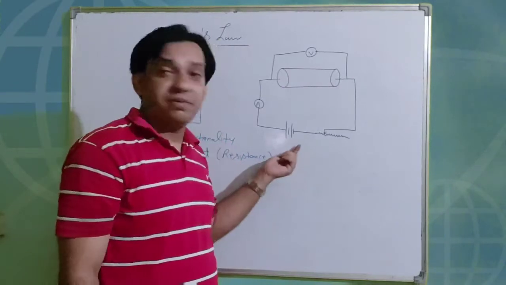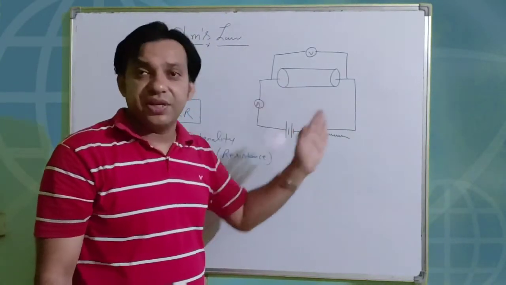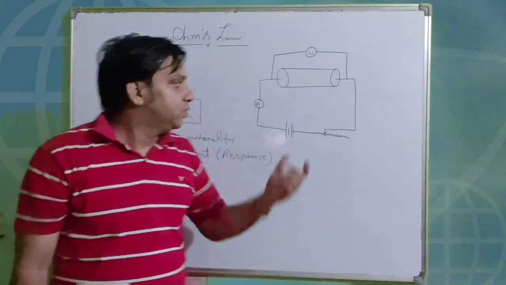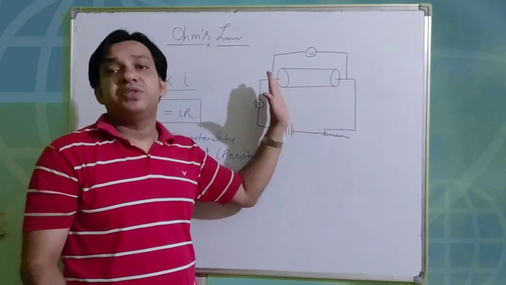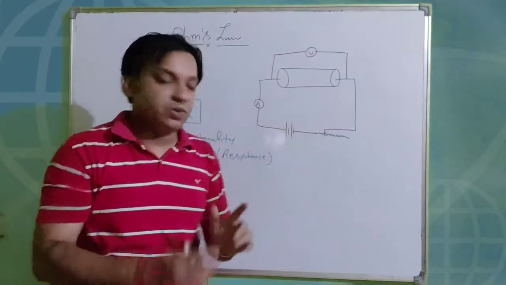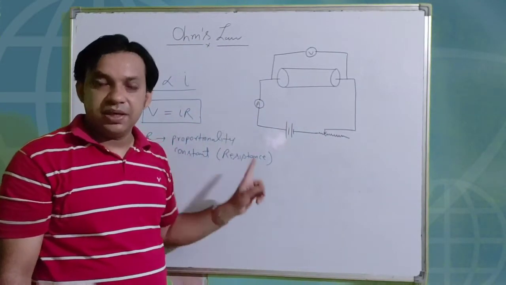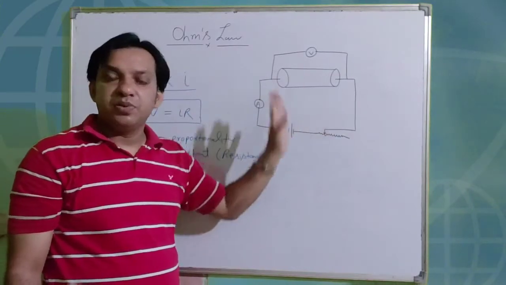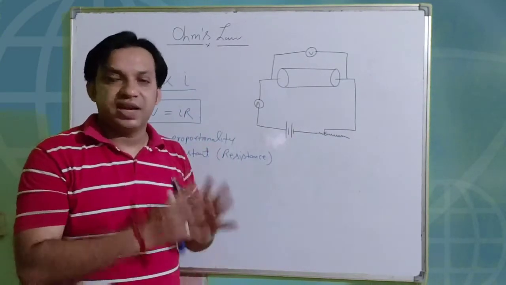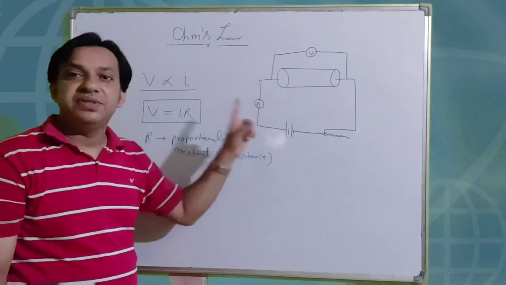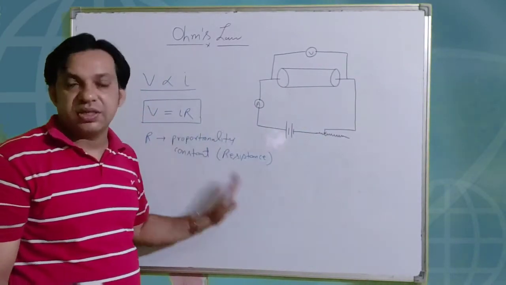So the opposing behavior of this overall conductor is called the resistance of the conductor. I am repeating again, the overall opposing behavior of the flow of charge of this conductor is called the resistance of this conductor, which is equal to this proportionality constant.